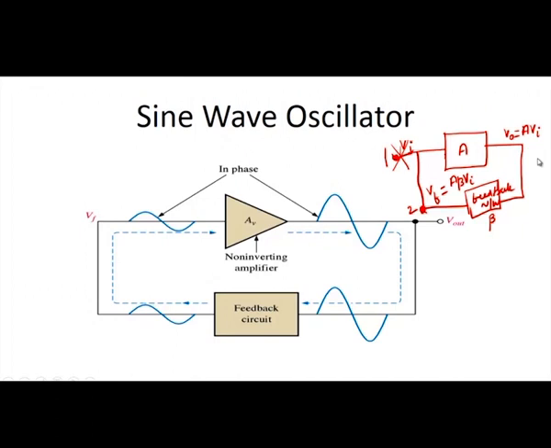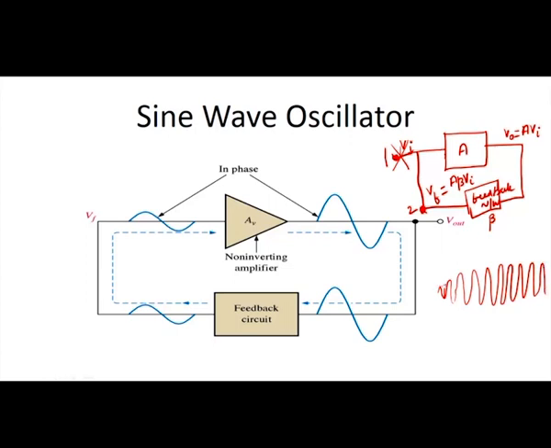The feedback network then produces a voltage exactly equal to the noise voltage, and it repeats the action until the oscillation grows. So initially there will be a small noise voltage present at the input of the amplifier, and the oscillations will be amplified and sustained at one time.